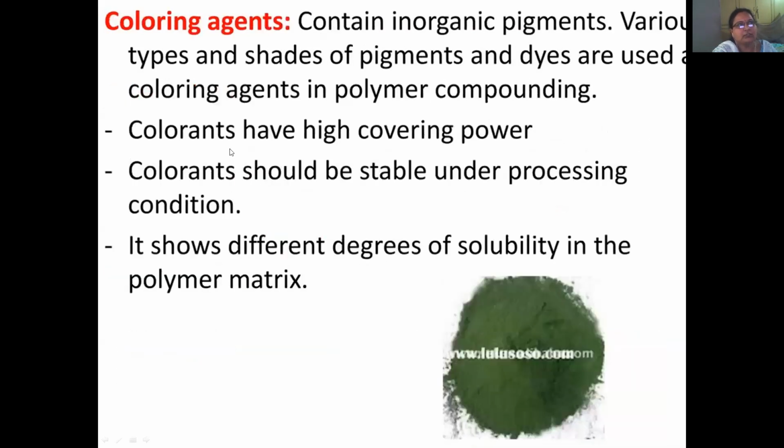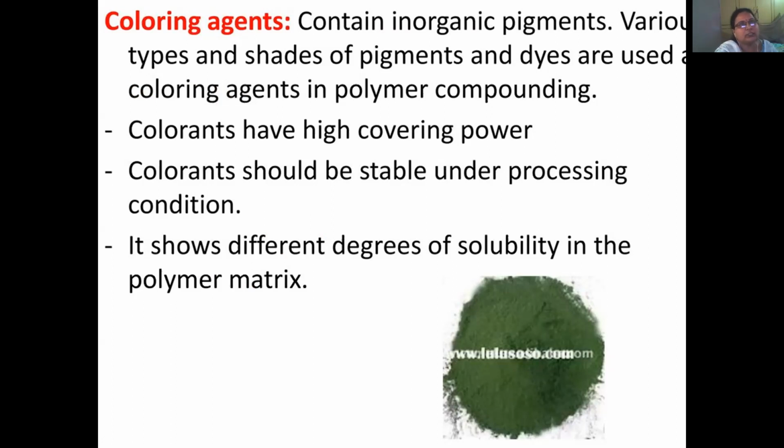Then coloring agents. Examples are not given here, so I'll tell you some examples: barium sulfate and titanium dioxide. If they are added, they provide white color. Then some organic dyes give yellow color. Carbon black gives black color. Then brown umber gives brown color.